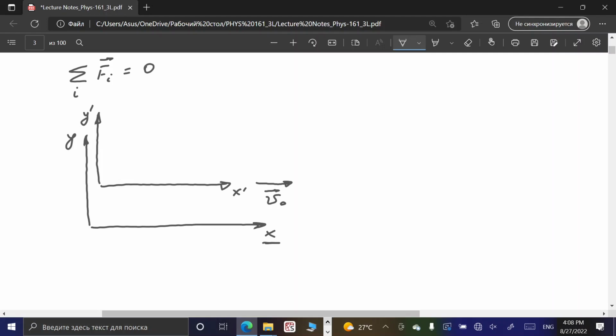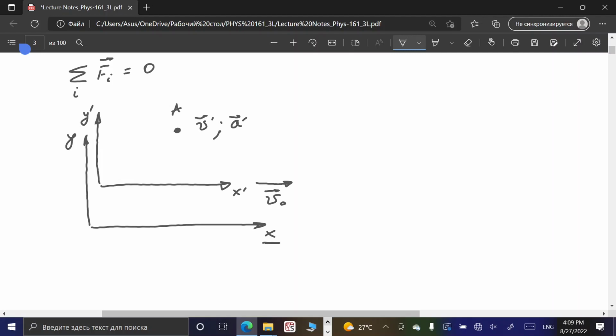Now let us add here some object. Let's call it object A. And in the scope of the mobile system of reference, x prime, y prime, it will possess some velocity vector v prime and some acceleration vector a prime. So keep in mind that this is with respect to the mobile system of reference.